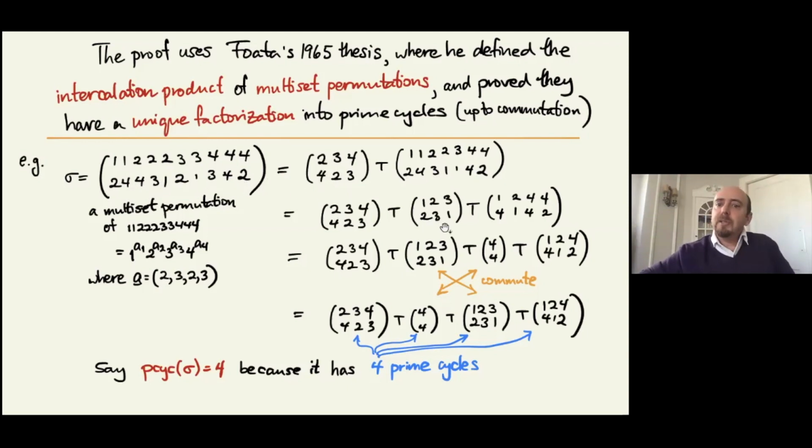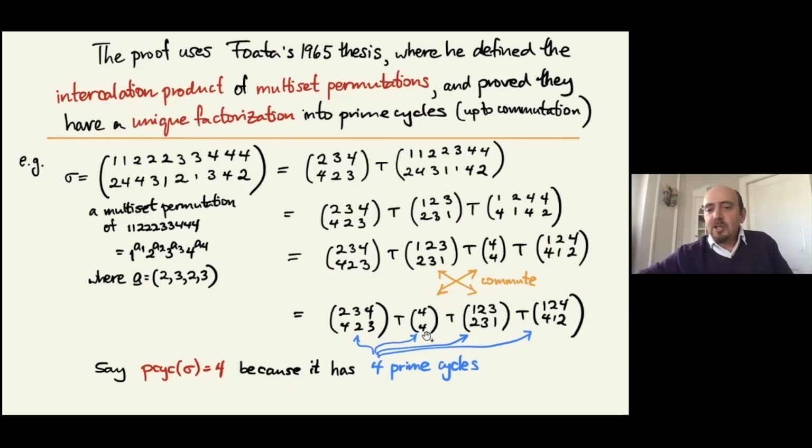What he shows is that this product, which may seem a little bit silly at first, has a beautiful, unique factorization for every multiset permutation into pieces that are prime, that can't be factored further. And the prime pieces look like permutation cycles. This is like 2 goes to 4, 4 goes to 3, 3 goes to 2. That's like a standard cycle in a permutation.